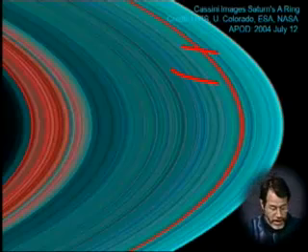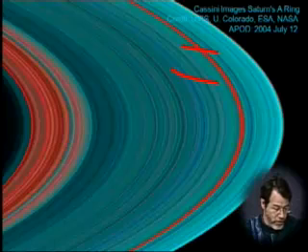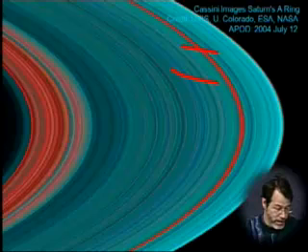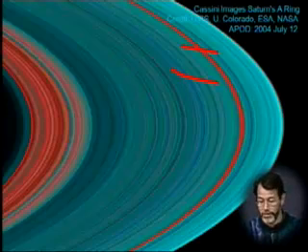Here we see color-coded. This tells us a little bit about what's reflecting. So when it's more blue, I understand it's almost more pure water ice. And when it's more red, you can see that it's somewhat dirtier, because it glows more in infrared. And so there's more dirt on the ring particles that are red than the ring particles that are shown here in this false color image of blue.